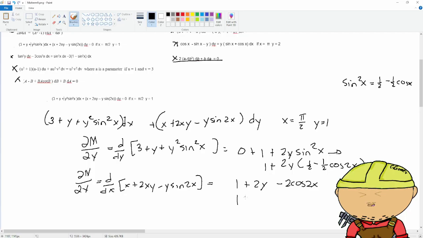That becomes 1 plus y minus cosine x. Ooh, that's not exact. Not exact, right? Did we get something wrong? I think we did it correctly.